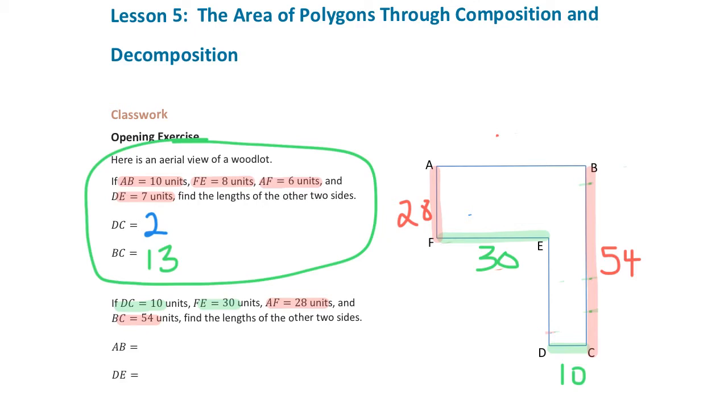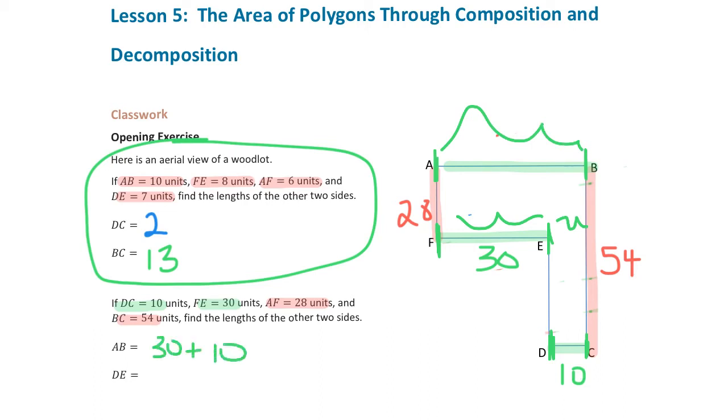The first thing it asked me to find is AB. So here's AB. I can tell that AB is the longer length, and if I take this one and this one right here and this piece down here, and I put them together, they will give me this total distance. So this plus this gives me all of this. So 30 plus 10 equals 40.